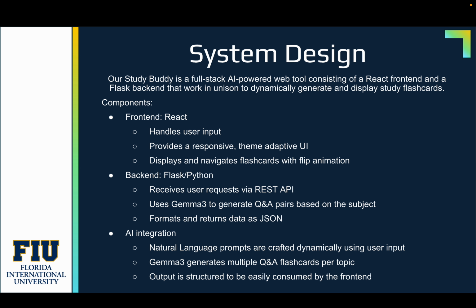We integrate AI using natural language prompts, which are crafted dynamically from the prompts given by the user. Gemma 3 handles multiple Q&A flashcards per topic, and the output is structured by the front end with React.